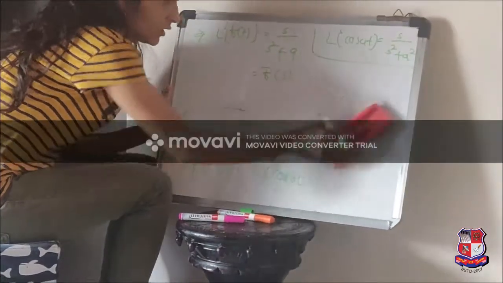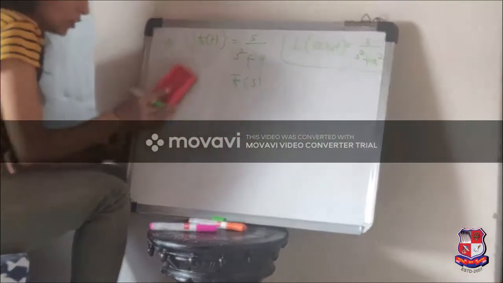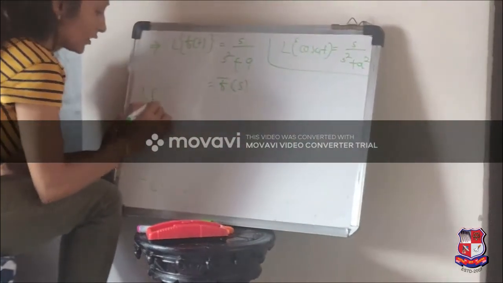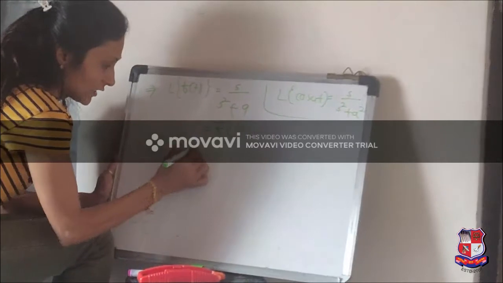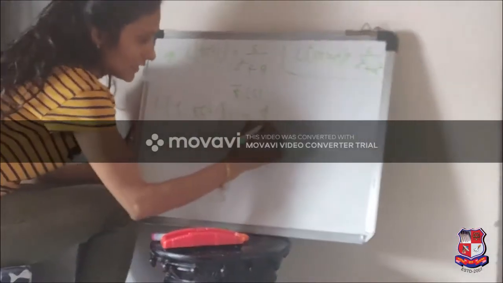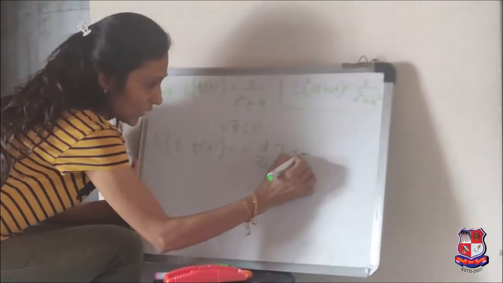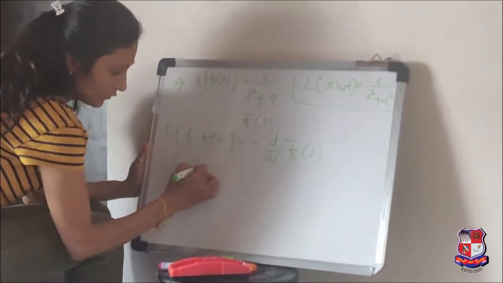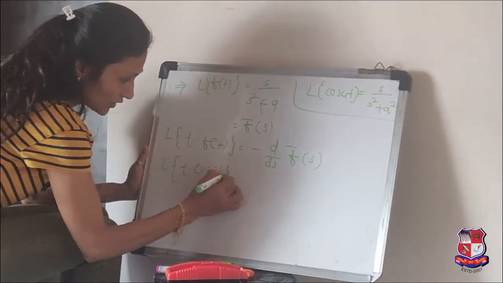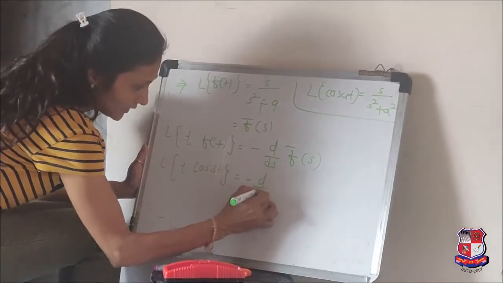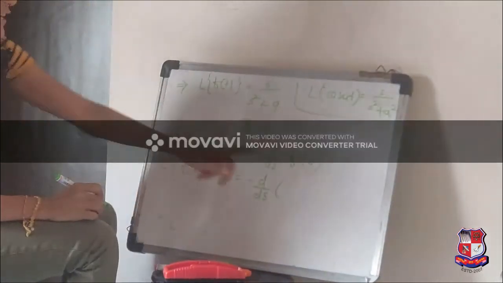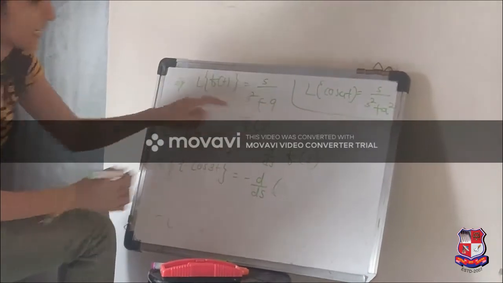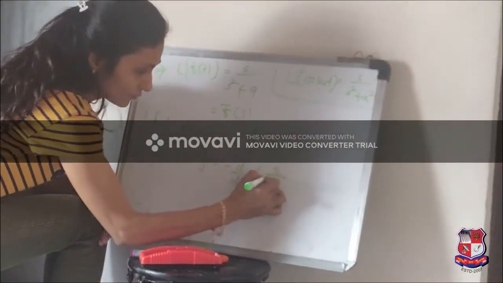Now, by the multiplication rule, L of t f of t is equal to minus d by ds f bar s. L of t cos 3t is equal to minus d by ds of f bar s, that is s over s square plus 9.